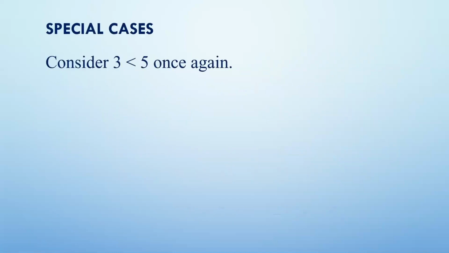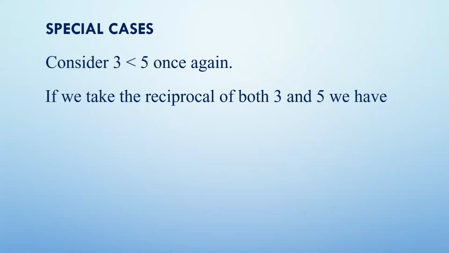We again consider 3 less than 5. Now, if we take the reciprocal of both 3 and 5, we have 1/3 less than 1/5. 1/5 is equal to 0.2. 1/3 is equal to 0.3333, and so on.